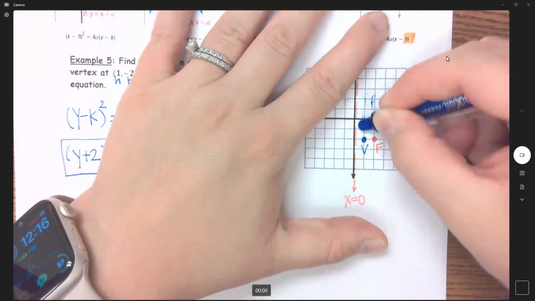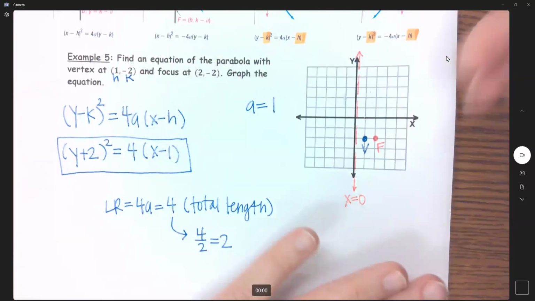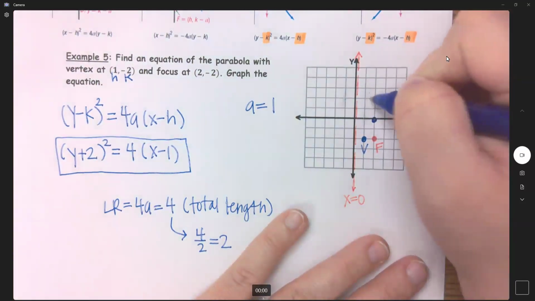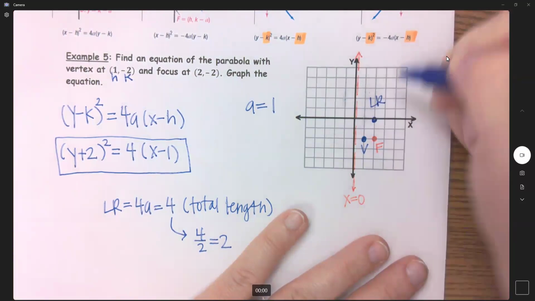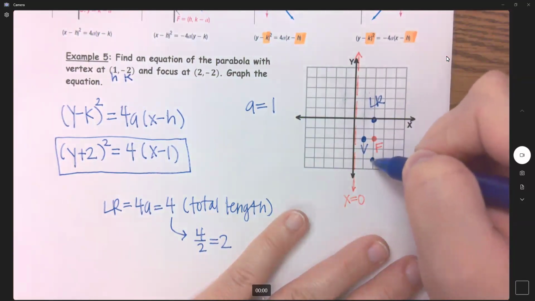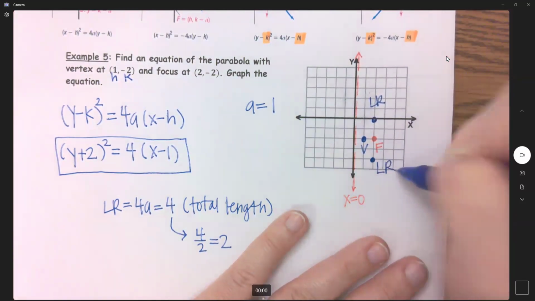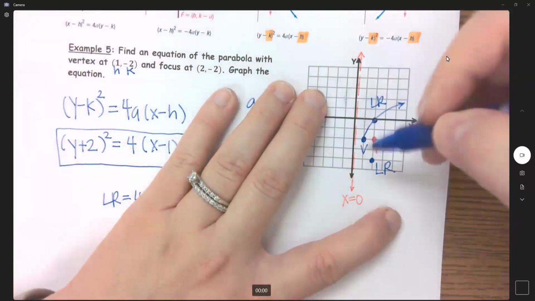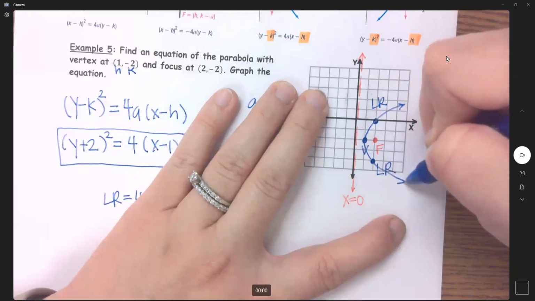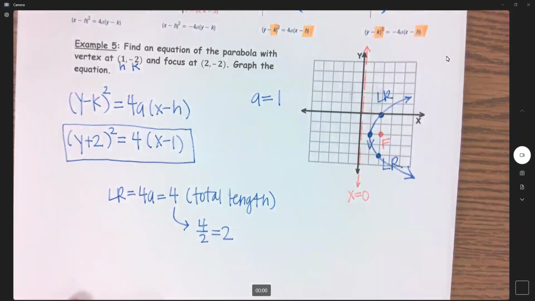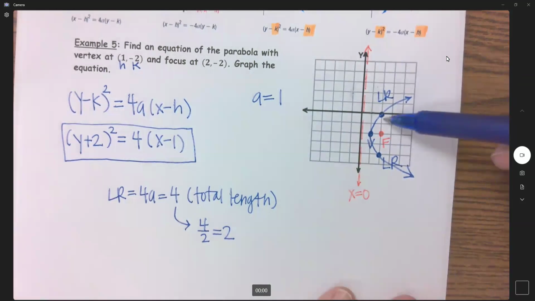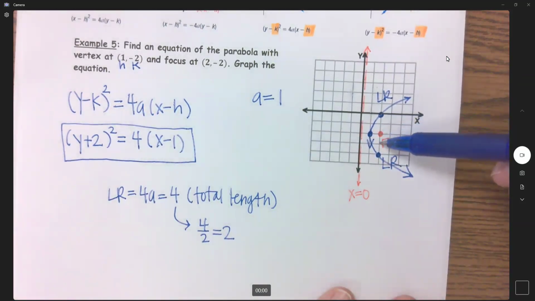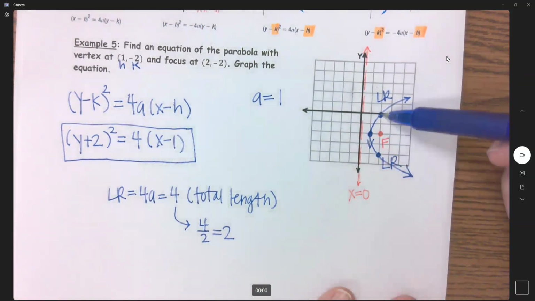From the focus, we're going to go 2 up, and from this focus, we're going to go 2 down. So here we have a smaller parabola, like that. And if we look at that total distance going through that focus, it's 1, 2, 3, 4 units in length right there.